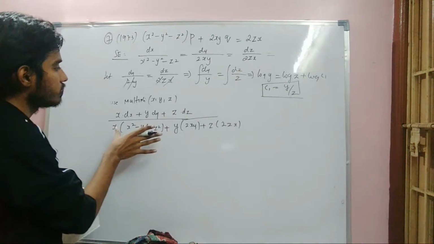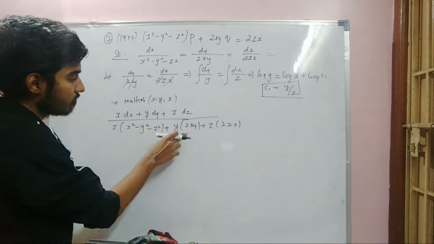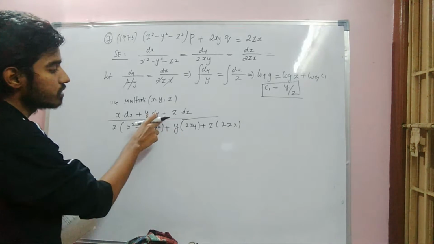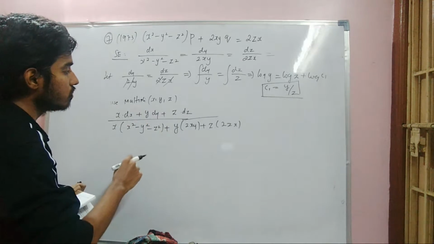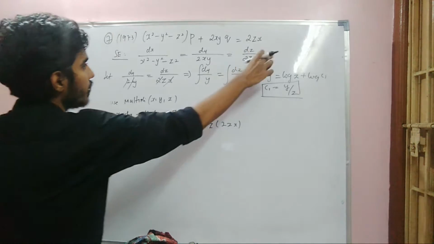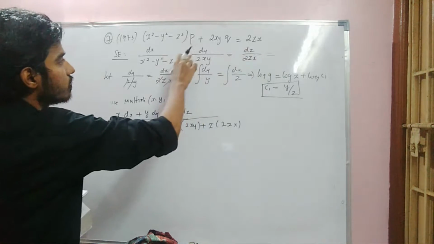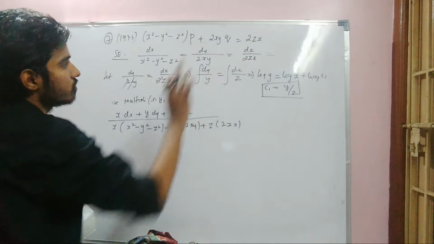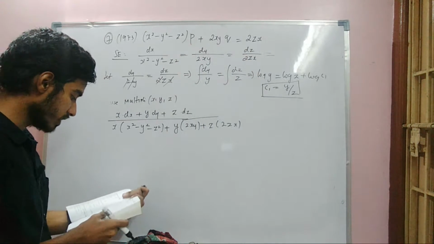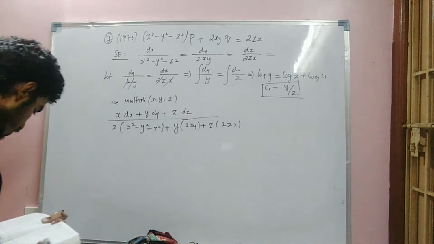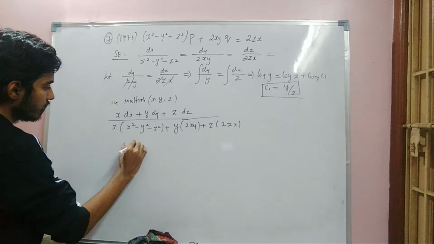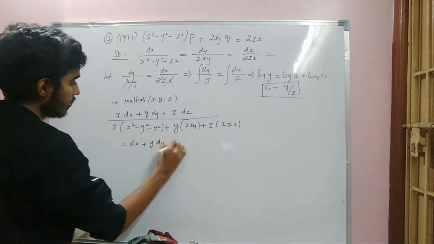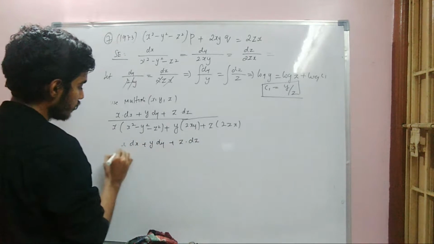So first I am using this multiplier. If this is equal to 0, then this is a solution, that is, integration of the numerator is the solution. But since this is not equal to 0, I am going to equate this to any one of them here. So I am going to equate to dz by 2zx. So before that, we will simplify this. If we simplify this, we will have x dx plus y dy plus z dz.